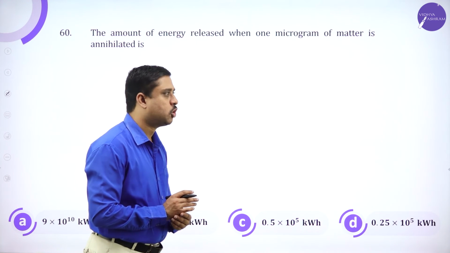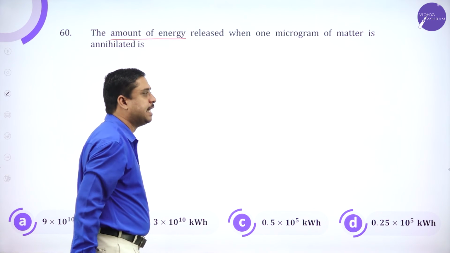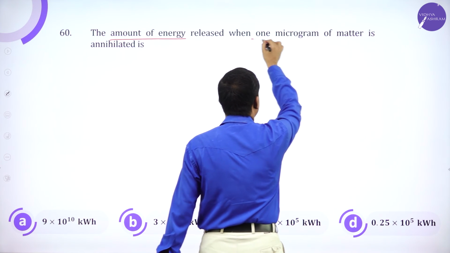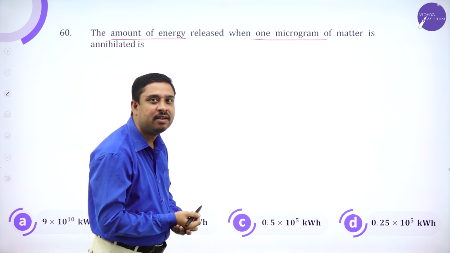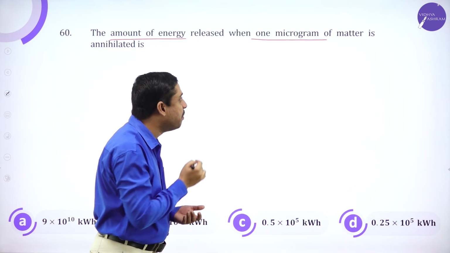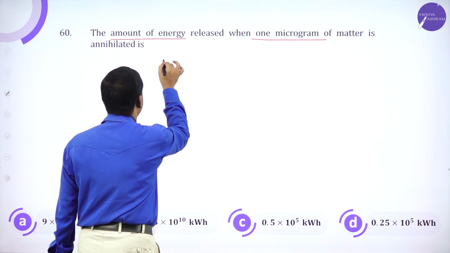The last question, students. The amount of energy released when 1 microgram of matter is annihilated. Mass is 1 microgram. Now, energy released.